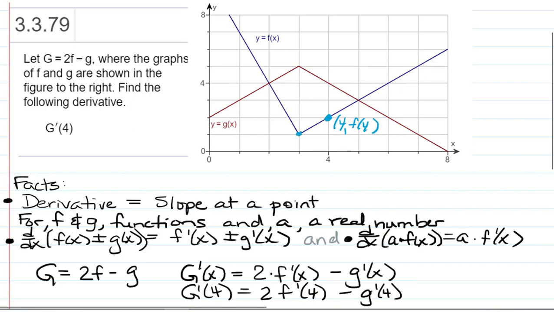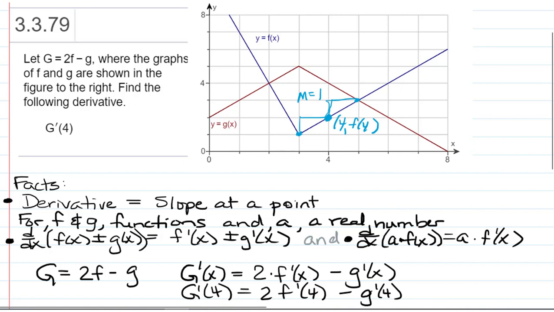Well, luckily this looks like a piecewise defined function with a linear portion here. So you can see that the slope, rise over run, we're going up 1 over 1, up 1 over 1. Even though we're looking for the slope at a particular point, since it's part of a line segment, we can use rise over run, and that's just going to be a slope of 1. 1 over 1 is 1.